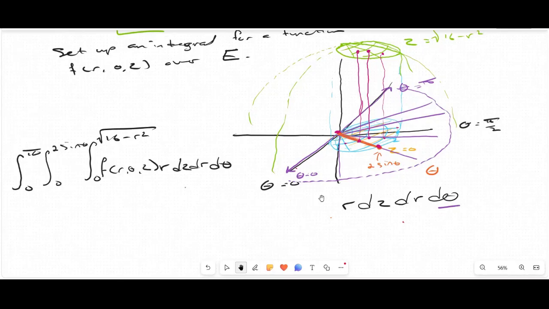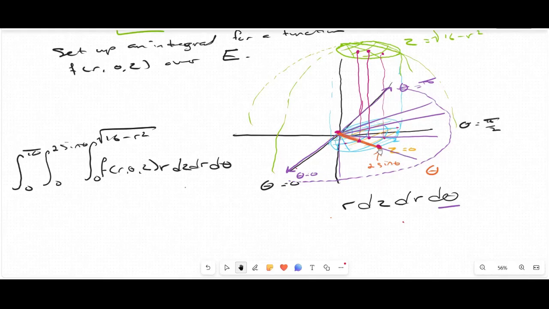But every single step of the way along its journey, it has to pause and let R take its journey. That's the next innermost integral. R has to go from 0 to 2 sine theta. That's instructed here. So then you imagine that taking place.